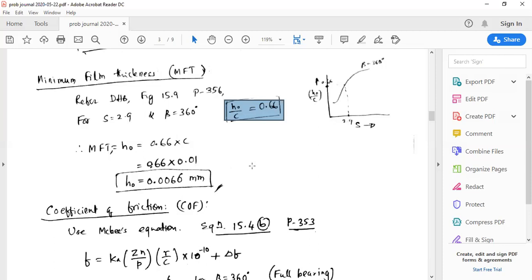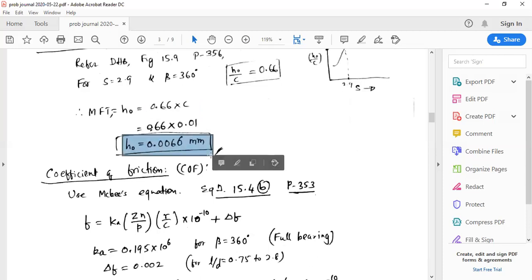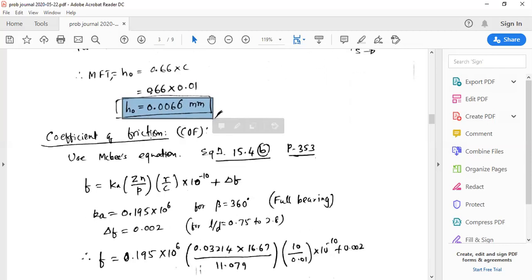It is a graphical value, so that value is 0.66. So minimum film thickness H0 is given by 0.66 into C, that is radial clearance. So 0.66 into 0.01 is H0, that is equal to 0.0066 millimeters. So this is the minimum film thickness.